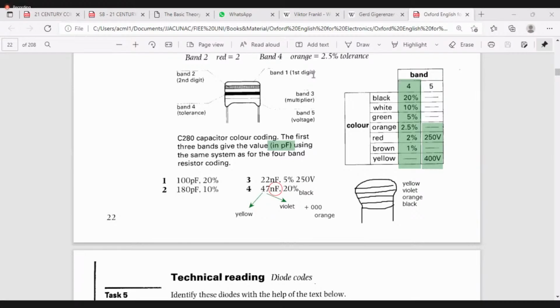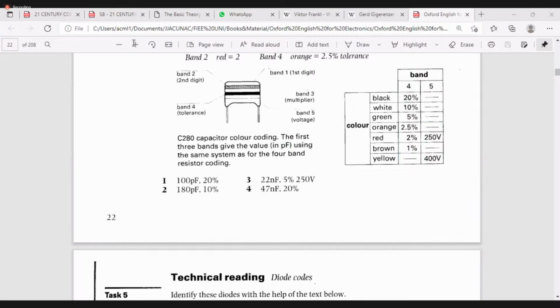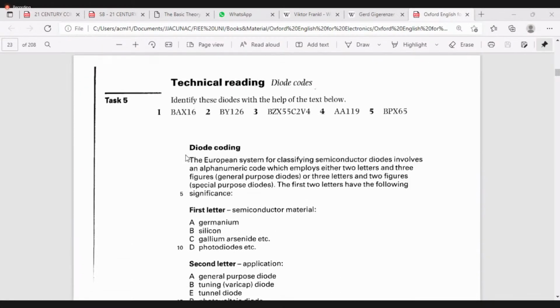Now, clearing drawings. Is color coding the only way that they mark some devices? No, not really. And that is the case of diodes, because in diodes we don't find color bands. In diodes, we find alphanumeric coding, like, for example, BAX16, BY126, or such long codes like BZX55C2V4.